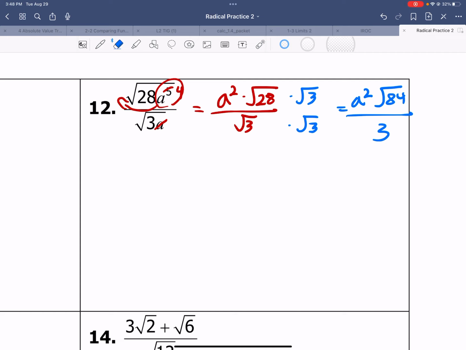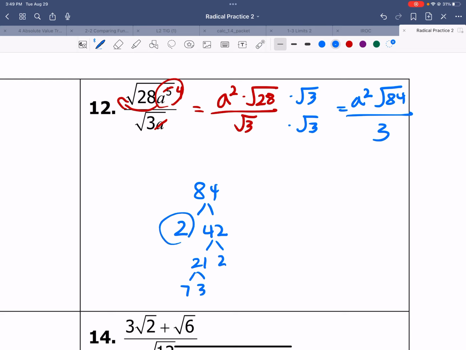Now, square root of 84, I don't know what that is because I have to simplify this further. So it's going to be 2 and what? 42. No, 48. No, 42. 42, I can break down into 21 and 2. That's going to be 7 and 3. And do you see I can take out 2 further?